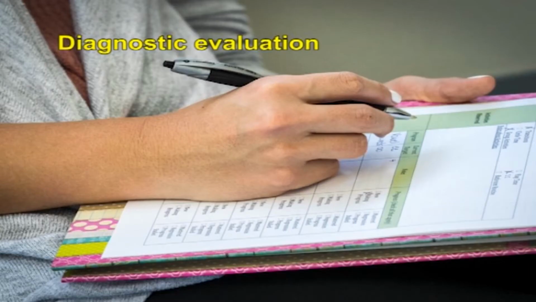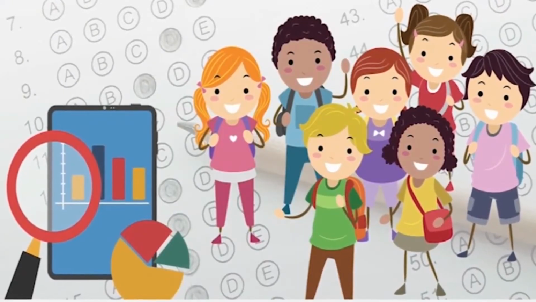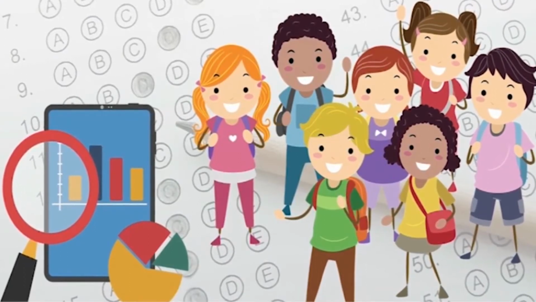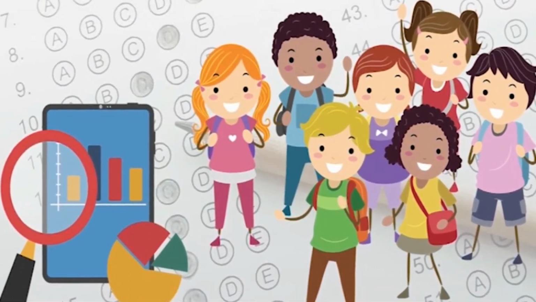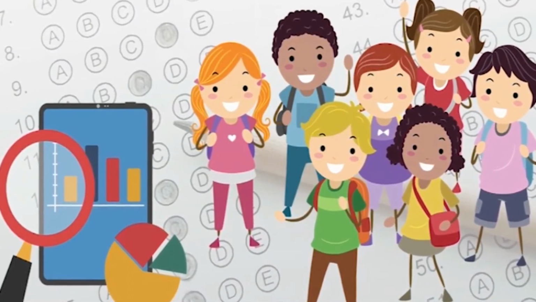Diagnostic evaluation helps in diagnosing learning problems in students and the intensity of the problem. It also helps in diagnosing to what extent students are ready for learning experiences as well as to what extent the students can cope with the pace of learning experiences provided. This evaluation also diagnoses how the individual differences within the group can be tackled.